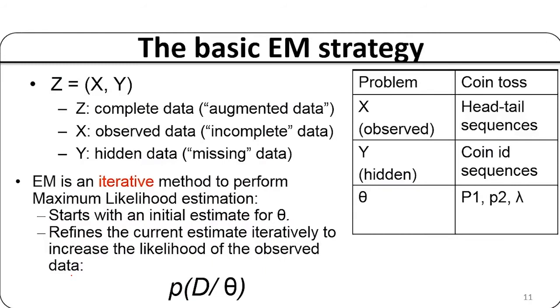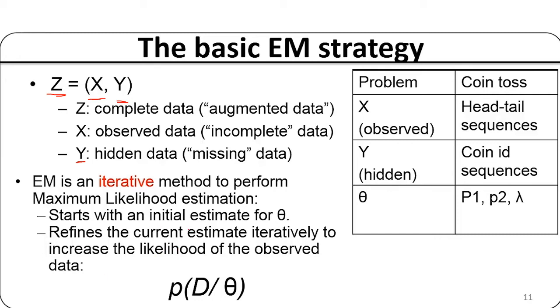Again, this is another strategy where Z is the complete data, which consists of X, the observed data, and Y, the hidden data. For these two values we are going to use the maximum likelihood estimation as per the previous slide explanation.